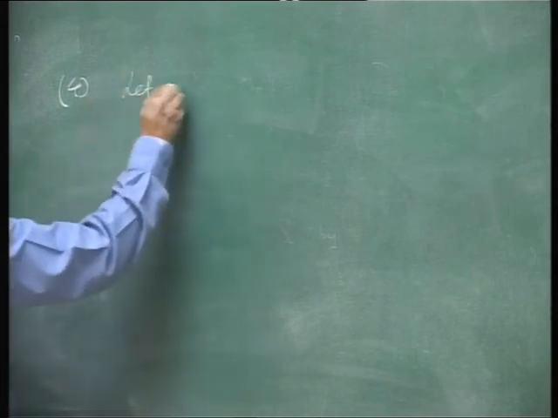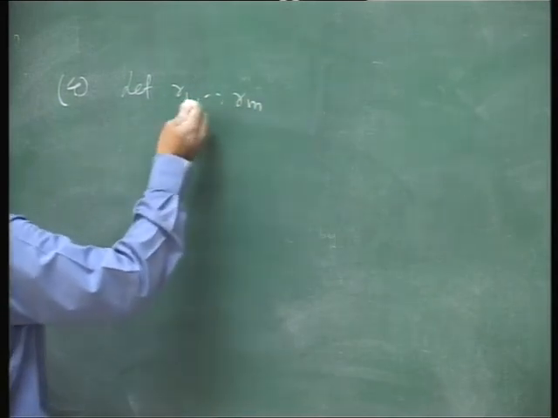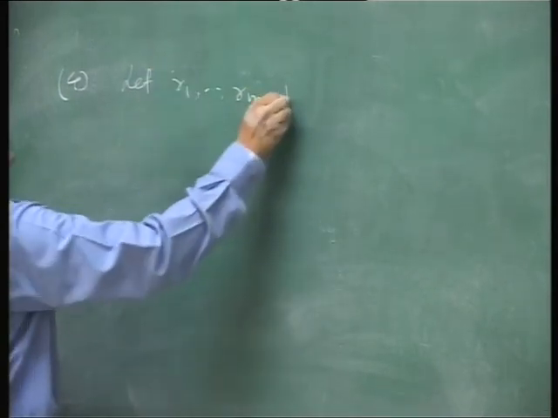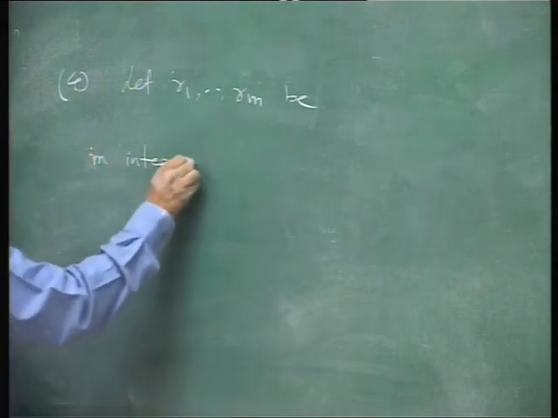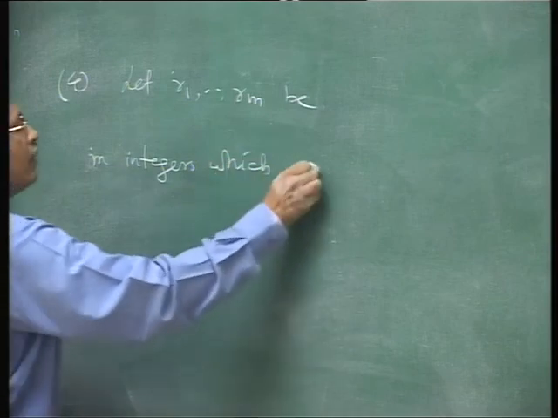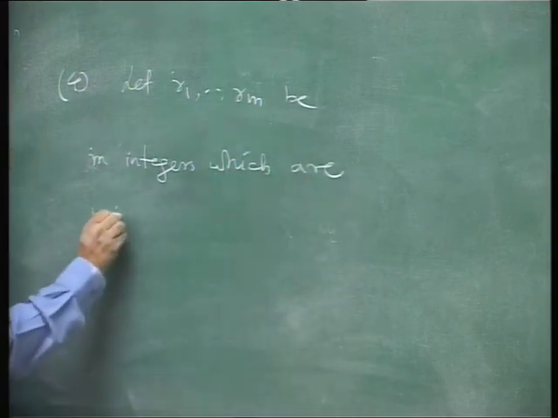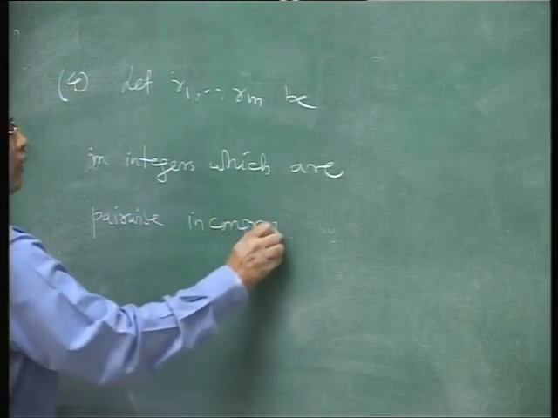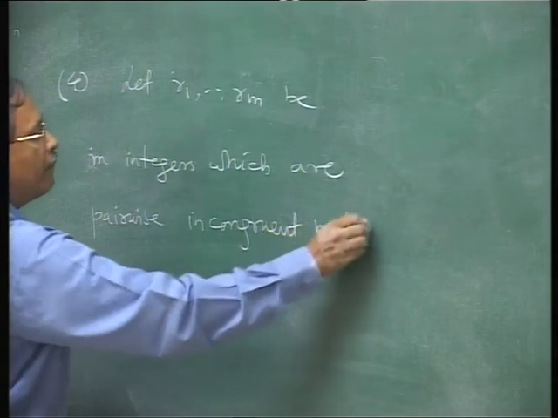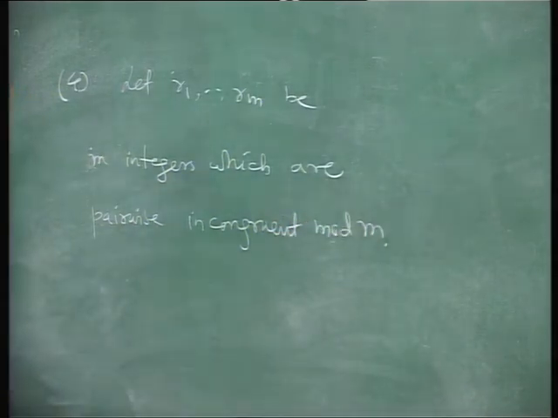So let R1, R2, Rm be m integers which are pairwise incongruent mod m. Suppose they are pairwise incongruent mod m. Then every integer should be congruent to one of them. That's what we want to prove.